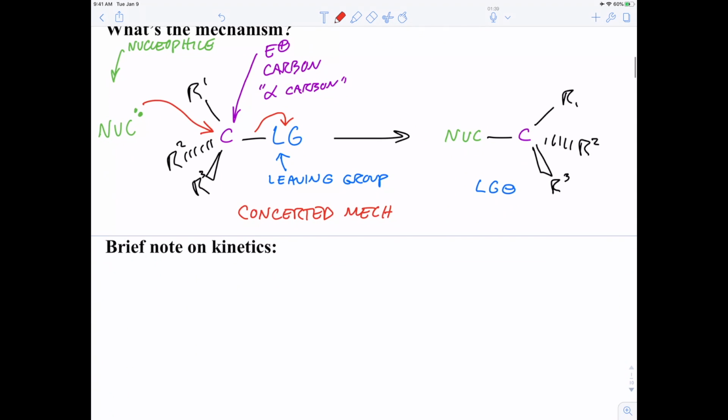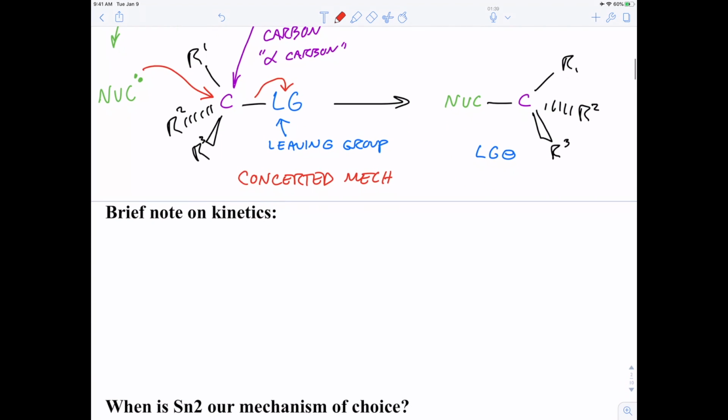So really quickly to talk about the kinetics here, because this all happens at once, and this will go back to our little bimolecular or SN2 note, due to this concerted mechanism, we have to have both the nucleophile and the substrate, or the electrophile. There's a few different ways that you can call our carbon-based reactant of interest.